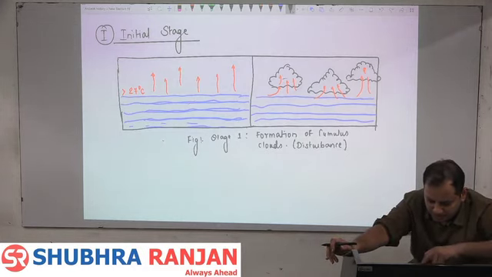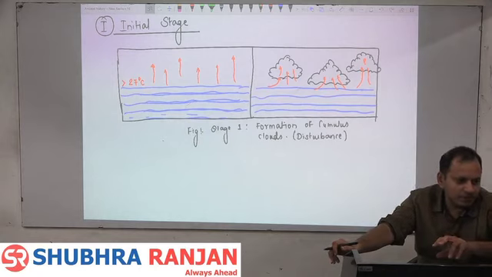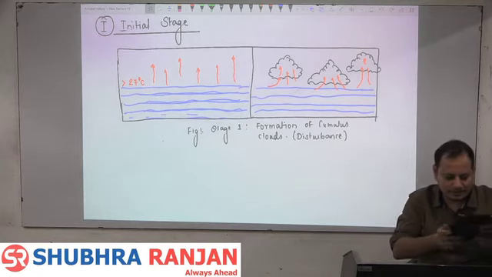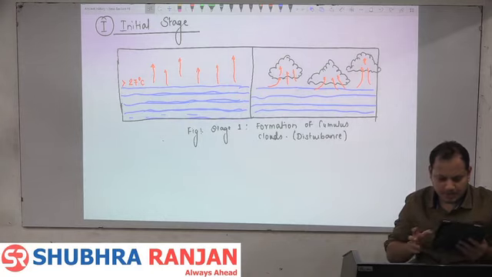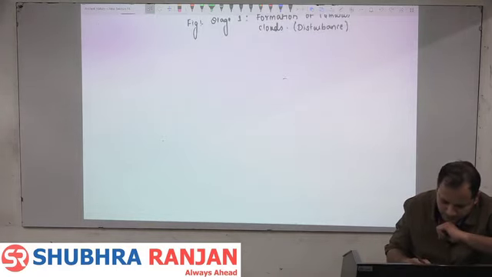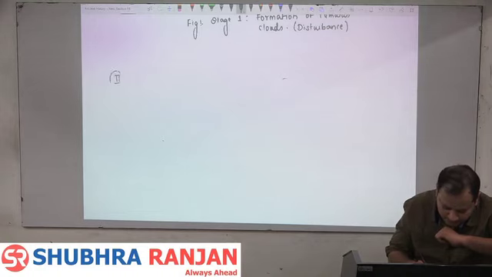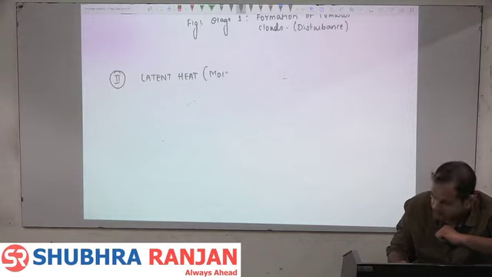Mature stage, stage 2, mature stage. On the intensification of the low pressure center, due to addition of latent heat of condensation, you just write latent heat and in the bracket moist heat.